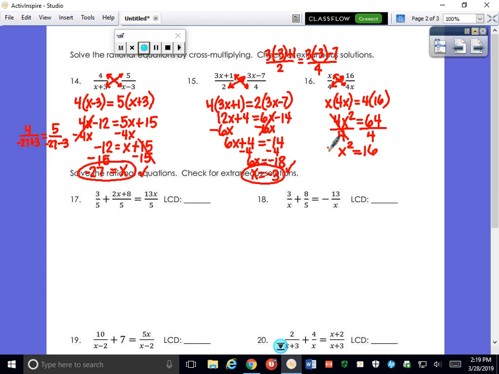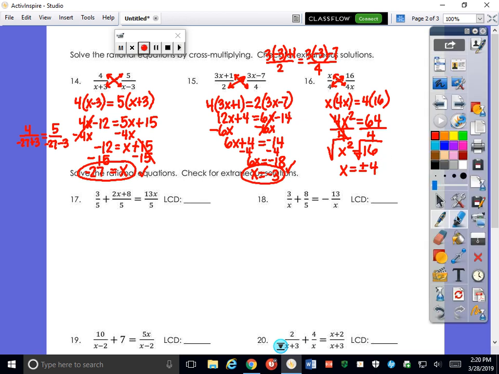And then we can take the square root of both sides. I do want to remind you that when you take the square root of both sides, you have to put a plus or minus. So the answer is not only 4, but it's also negative 4. Do not forget that. So then you'll have to check both answers.